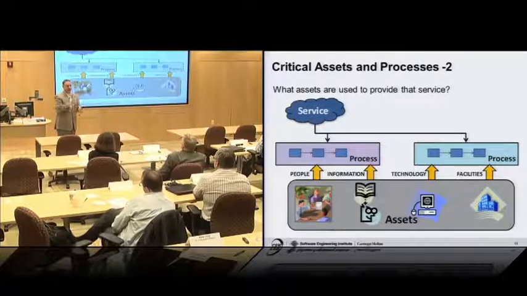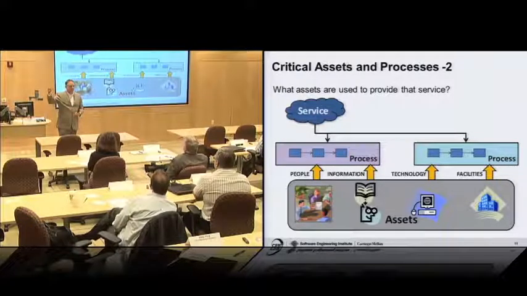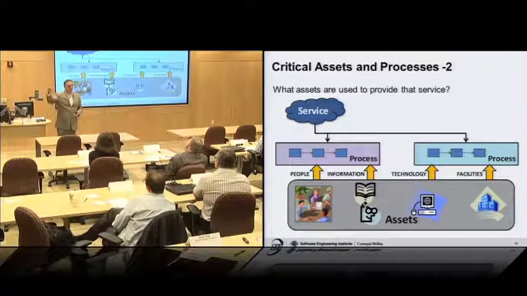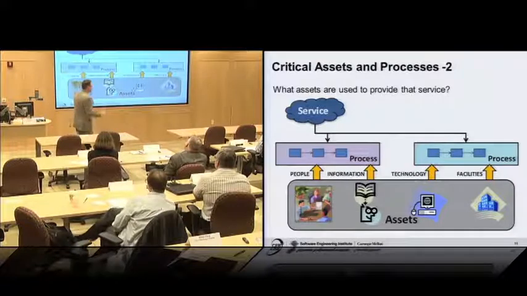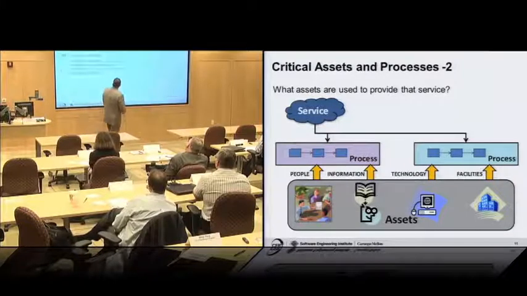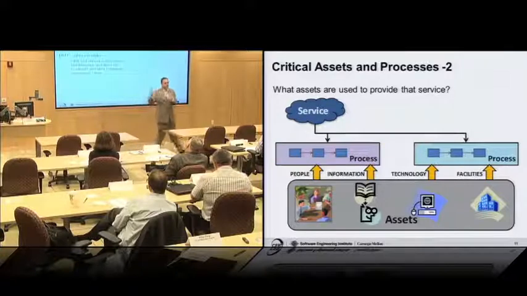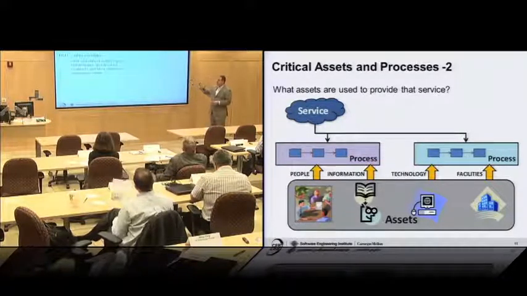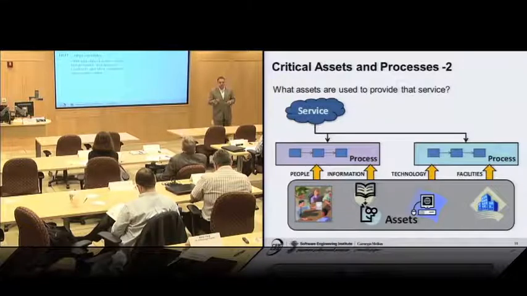You can link it all back to factual statements on how they support these business objectives. These objectives came from our CEO or from our C-suite level. That's how we know Bob is more important than Sally or Sally's more important than Bob. So follow up what that discussion just was about, what assets are used to provide that system, that service.